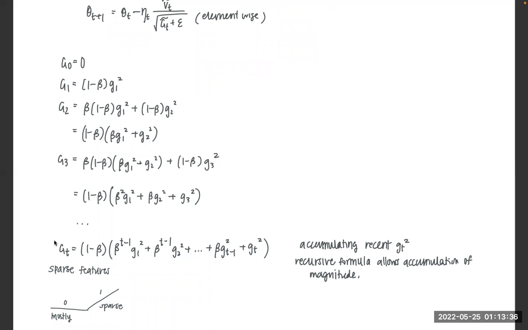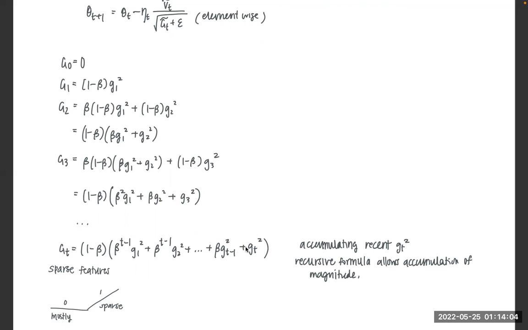If you look at this sum, clearly you are doing a weighted sum of G_t squared, but you give more weight to the more recent G_t. For the remote ones, for example G_1 squared, G_2 squared, remember beta is a number like 0.9, so if you keep raising this power, it quickly becomes 0.